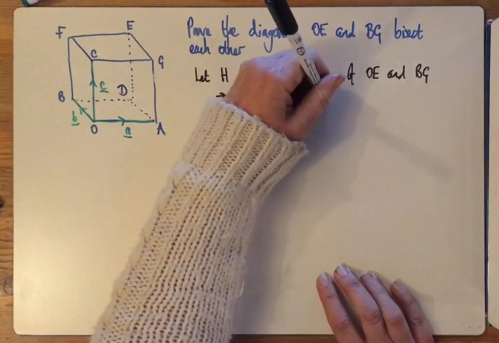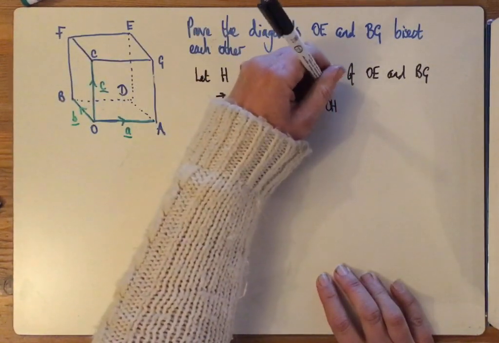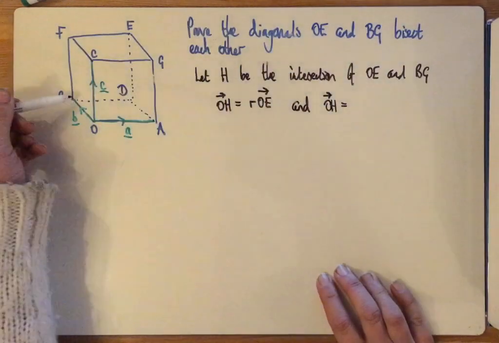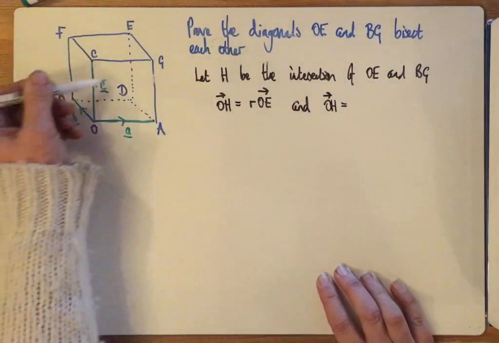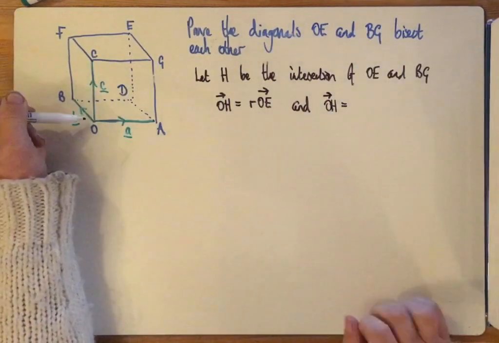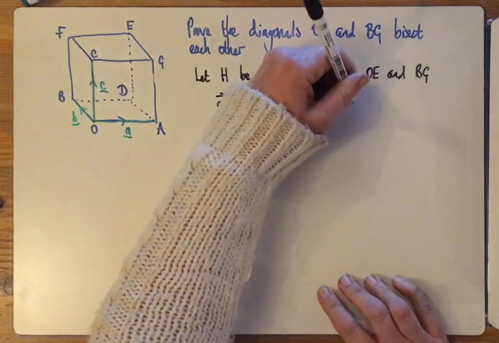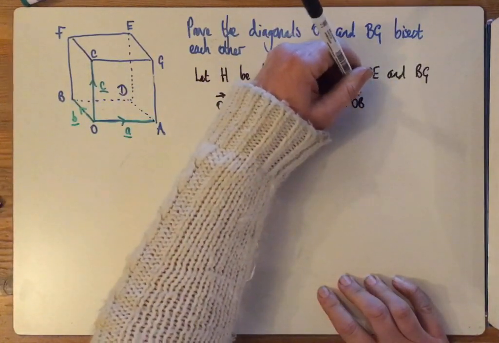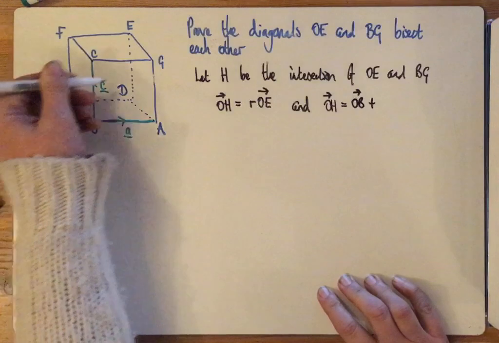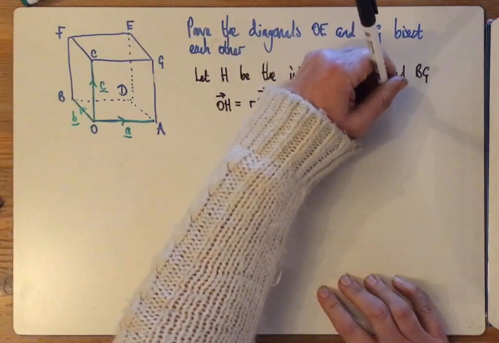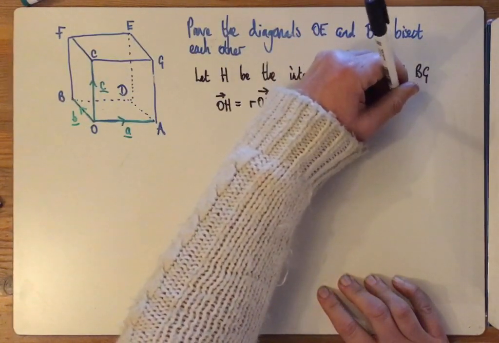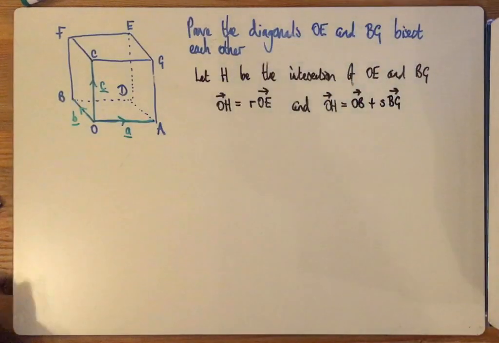And OH is also, so we need to come at it from this diagonal BG. So it's also OB plus going along BG by an amount S, and we want to prove that S is a half as well.